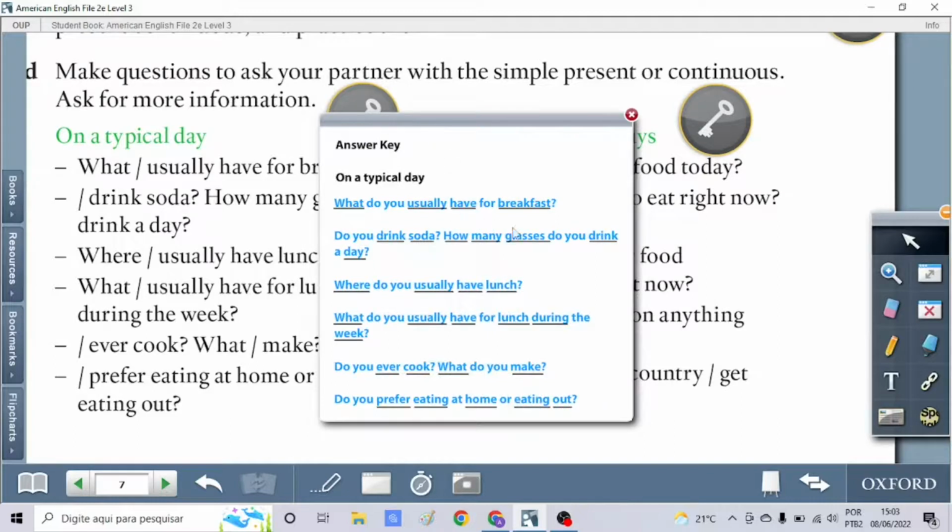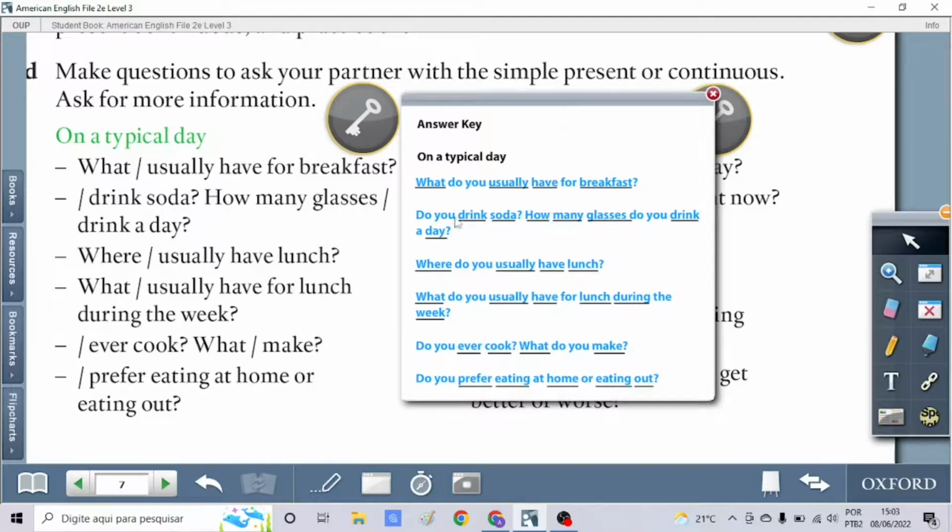What do you usually have for breakfast? Do you drink soda? How many glasses do you drink a day? Where do you usually have lunch? What do you usually have for lunch during the week? Do you ever cook? What do you make? Do you prefer eating at home or eating out?